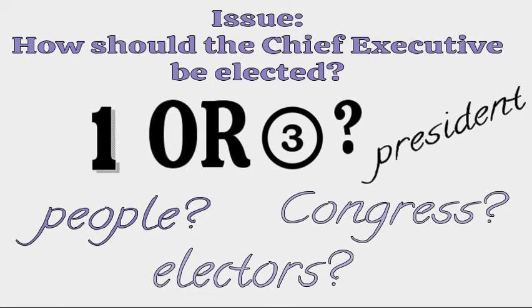Here's another issue, you guys. How should the chief executive be elected? Another major question facing the delegates concerned who would head the new government's executive branch. Early in the convention, Charles Pinckney urged the creation of a vigorous executive. James Wilson followed with a proposal that a single person serve as the chief executive. A sudden silence fell over the convention.